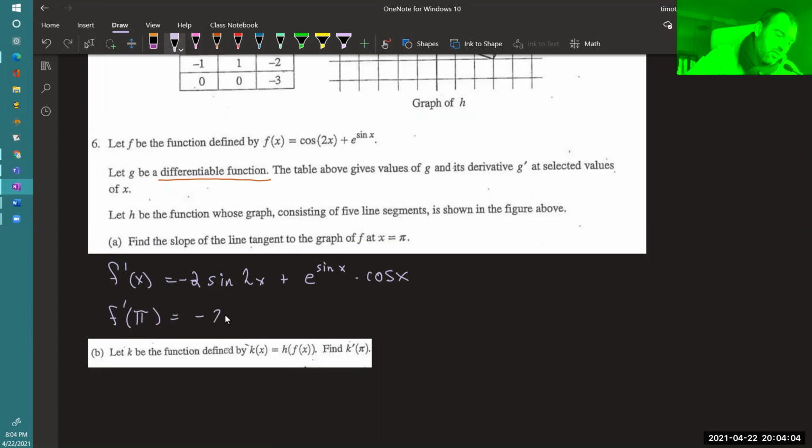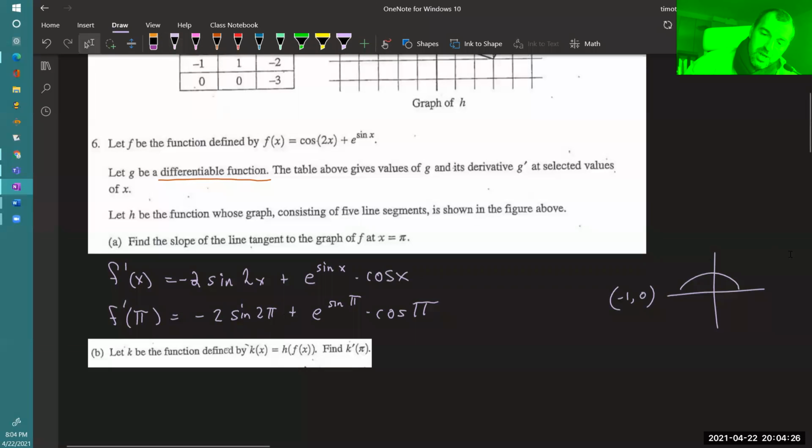And we're going to get a negative 2 sine of 2 pi plus e to the sine of pi times cosine of pi. Now, the angle pi is here, and its x coordinate is -1, and its y coordinate is 0, because its up and downness is nothing, so it's 0, and its left right is fully left. 100% of it is in the left direction.